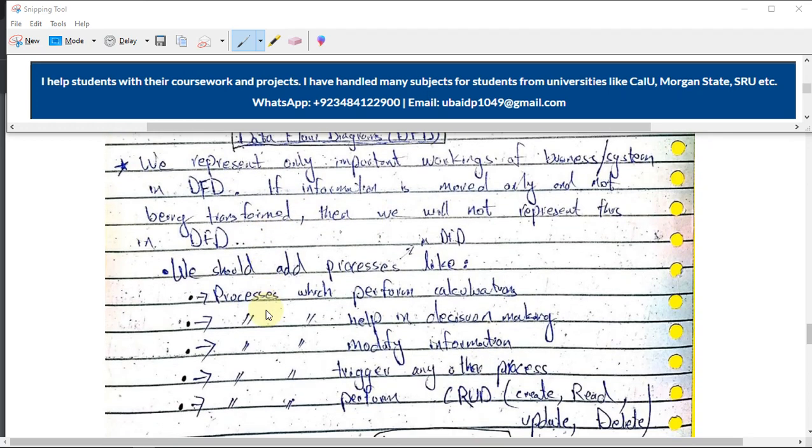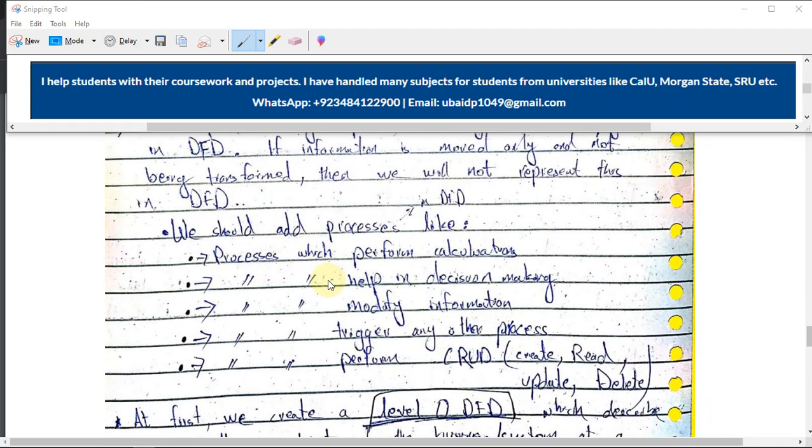So that's the main motive, and we should add processes which perform calculation, whether mathematical or anything like that, then processes which help in decision making, then processes which modify the information in some way and which trigger any other process. So we should add that.